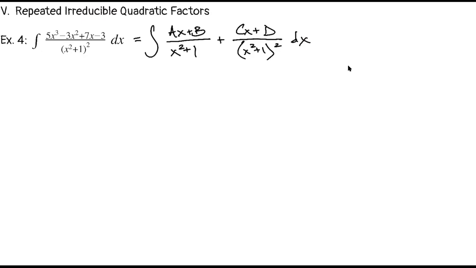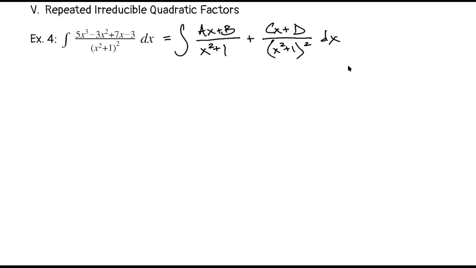So let's go ahead and set our numerators equal to each other and see what we actually need to multiply out. My numerator is 5x cubed minus 3x squared plus 7x minus 3 equals ax plus b, times one more x squared plus 1.